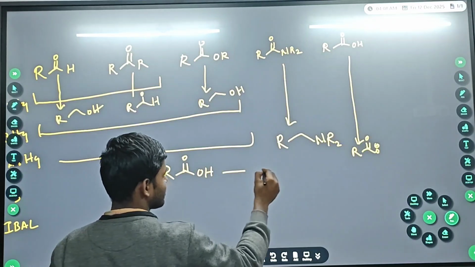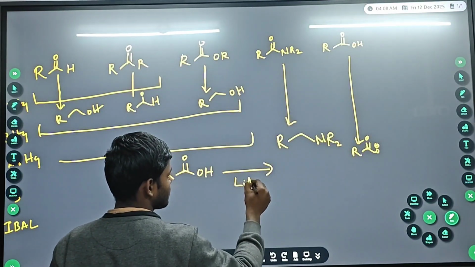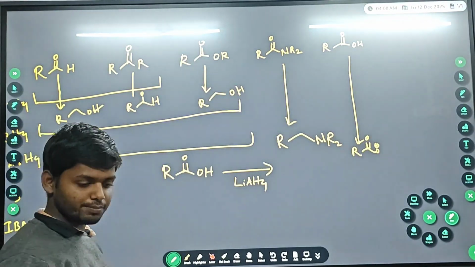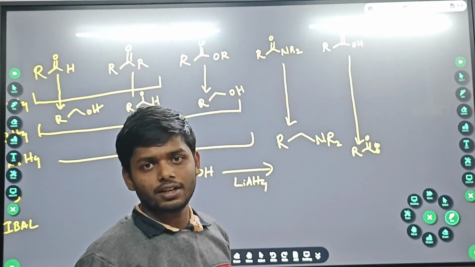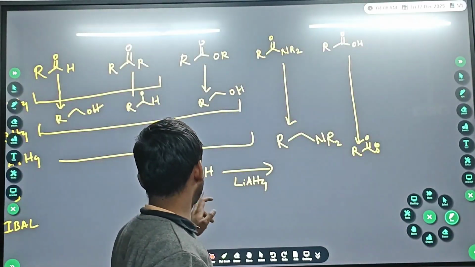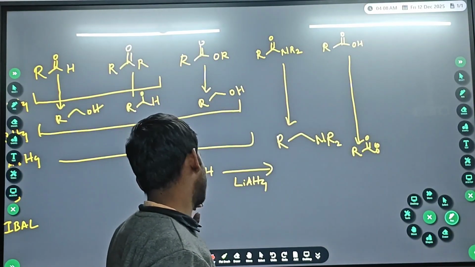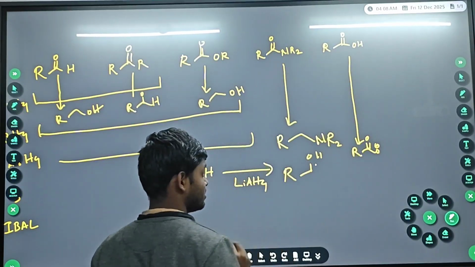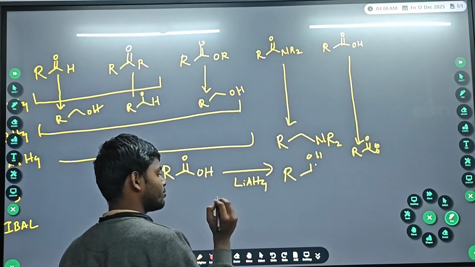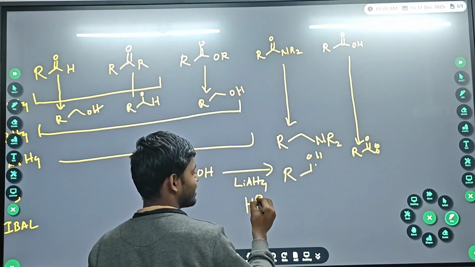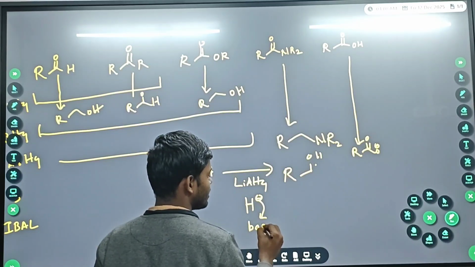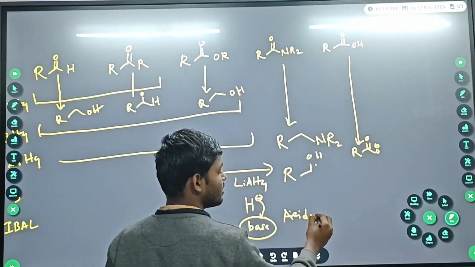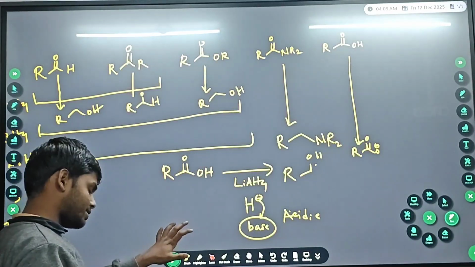Let's say this is the acid part. In my first intro, I said that this is the acid carbonyl part. We will make this a product. First I have told you H minus will act as a base first. If an acidic proton is there, it will act on the acidic proton.